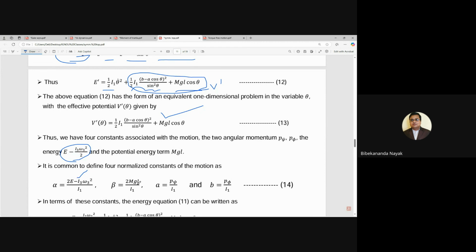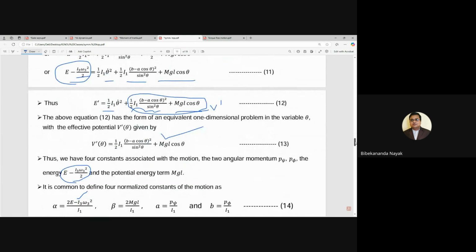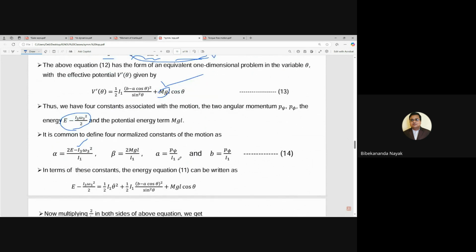Similarly, beta is 2 mgl by I1; mgl is a constant, so we divide I1 with it. Also a is p psi by I1 and b is p phi by I1. To normalize it, these are called normalized constants. We divide by I1 for the constant terms.